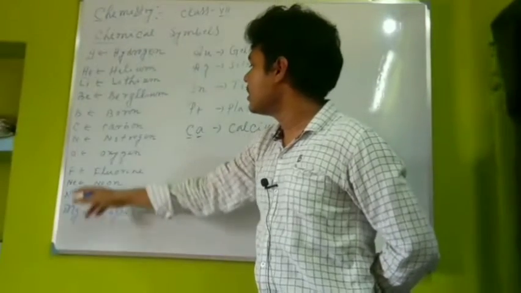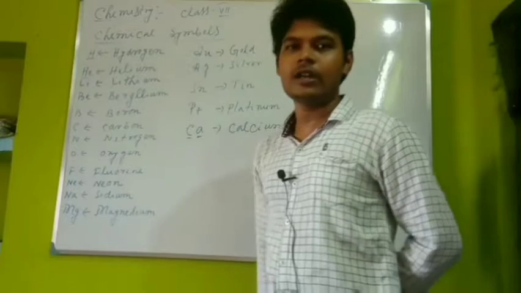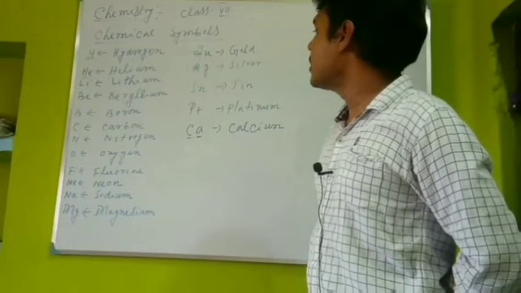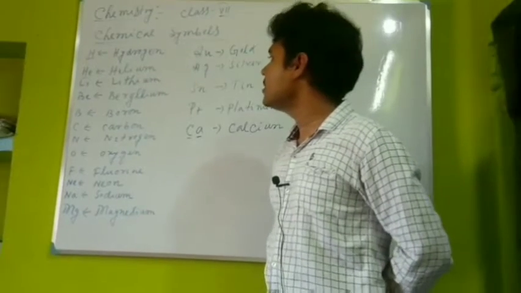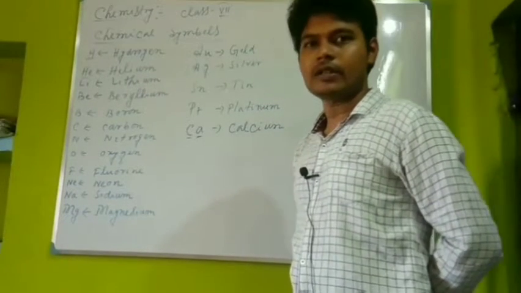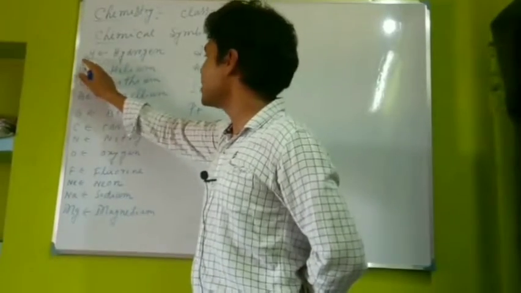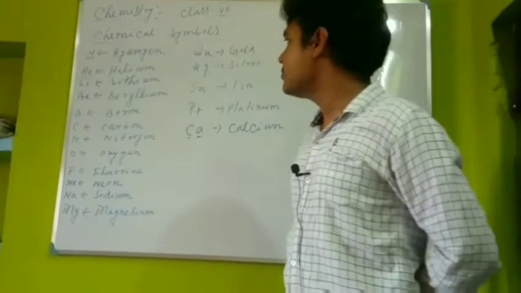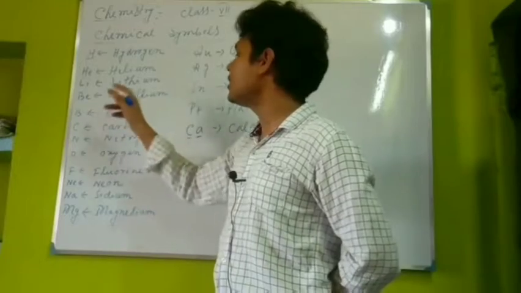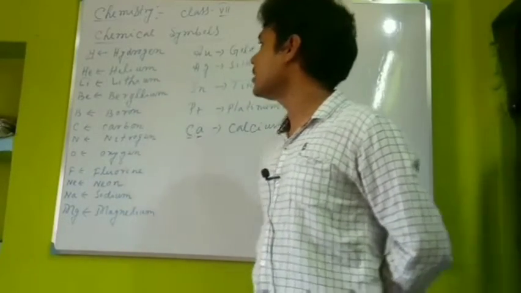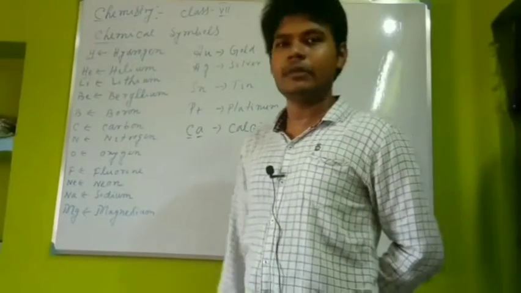So basically all these alphabets are the Latin alphabets. And to write these we usually use one or two letters. If we use one letter, then that must be a capital letter, and if we use two letters to represent an element, then the first letter will be capitalized.